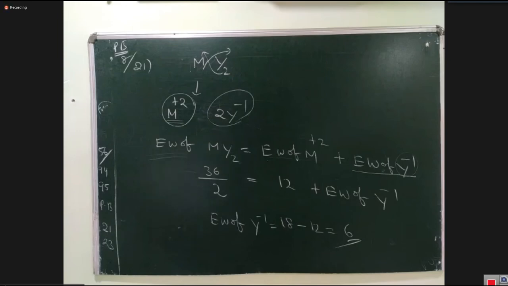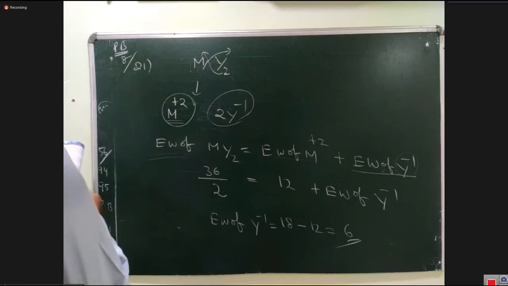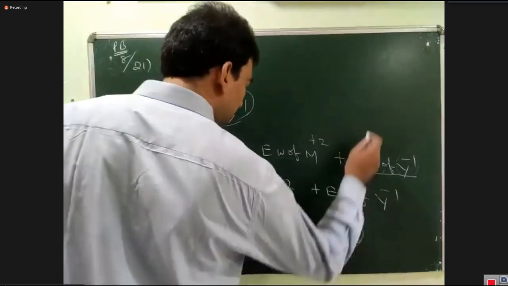Sir, it is given 3, sir. I mean 12. No, wrong. It's not 12, it is 6 only. That is the second option, question number 21. 3 is wrong, no doubt. So it's 6 only.